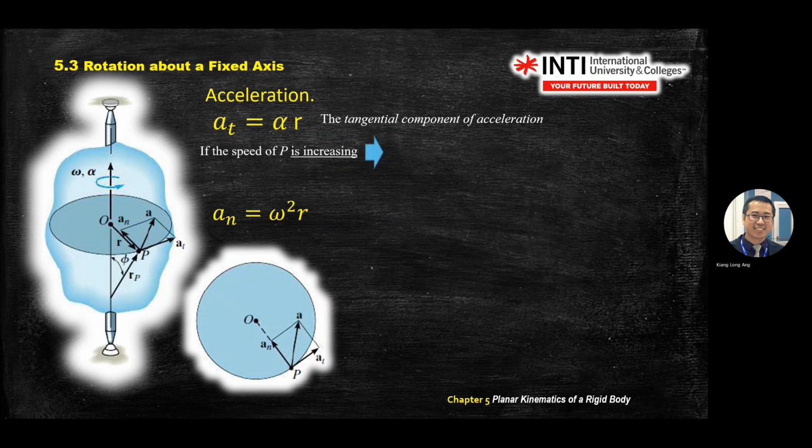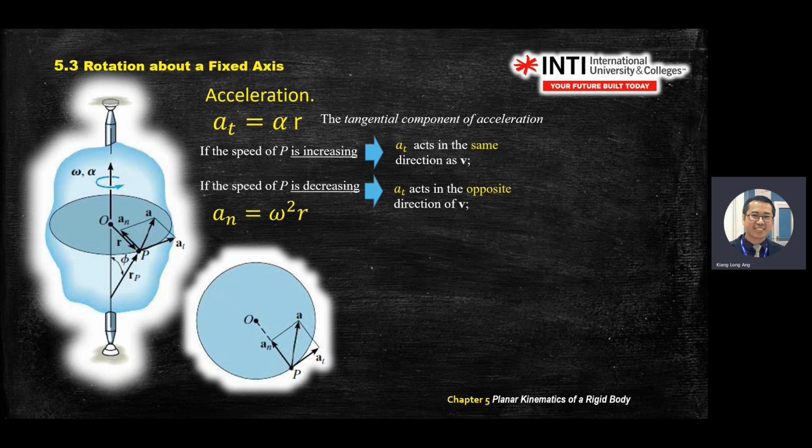So here, A_T, this one you know already. So if V increases means your tangent increases. If decrease means you get negative acceleration. Negative acceleration means it moves in the opposite direction already. So just need to be careful because sometimes the statement will tell you the rigid body will slow down. The velocity slows down means acceleration also slows down.